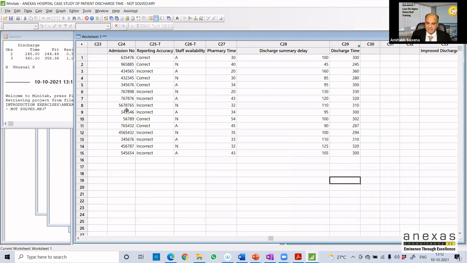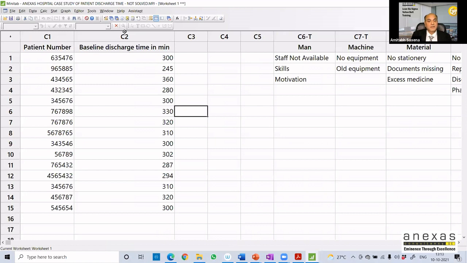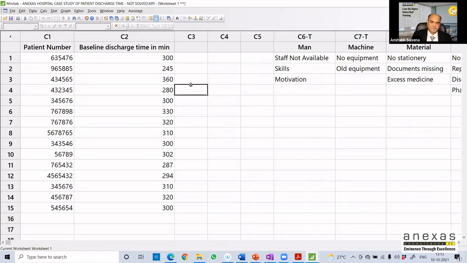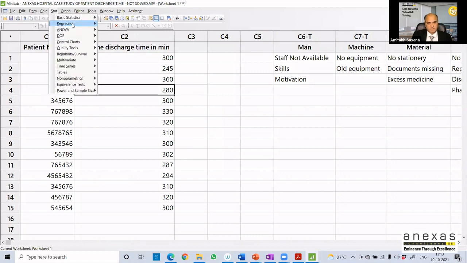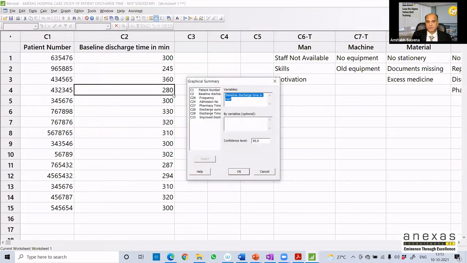So I'll just take one more example to give you more idea. This is discharge time of patient in a hospital. So I can quickly see how much is the average and how much is the standard deviation.